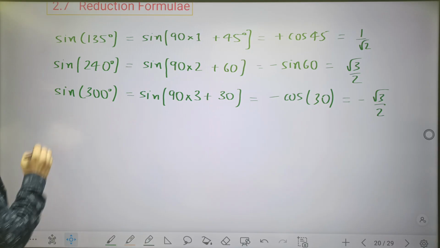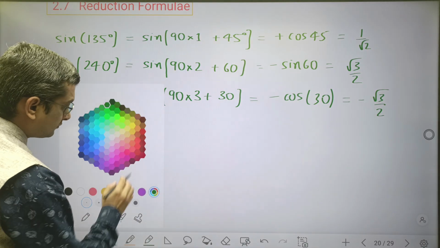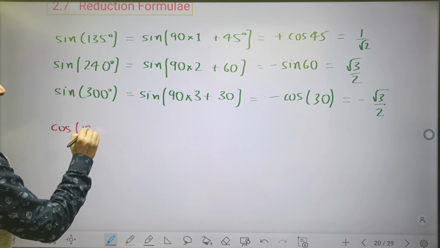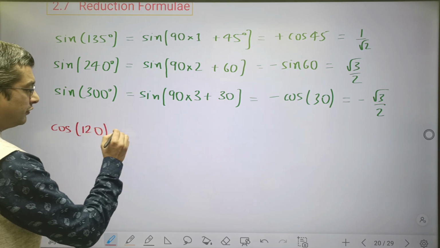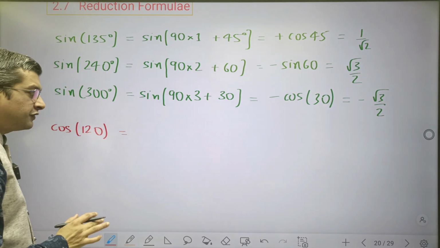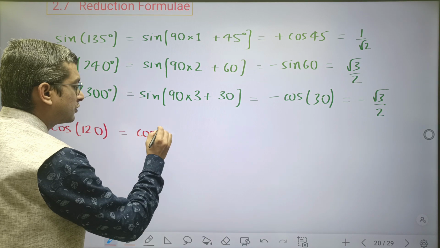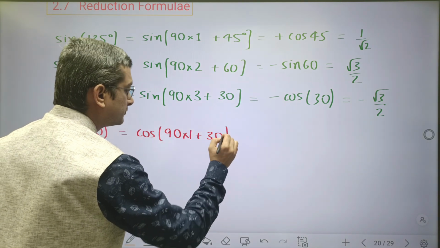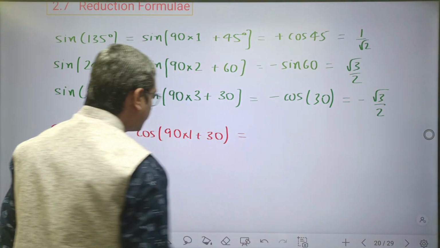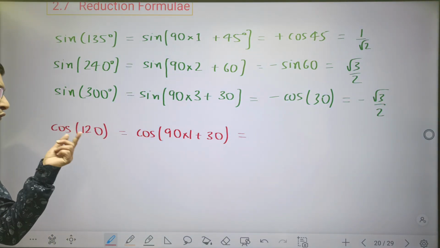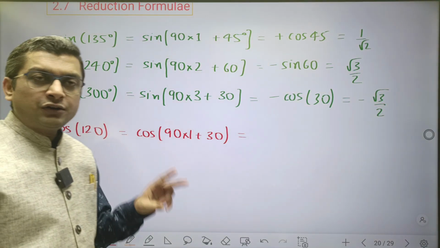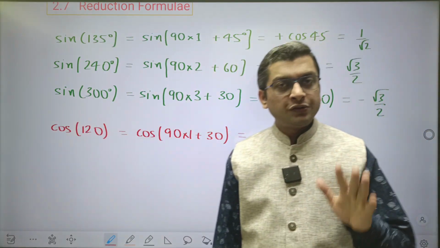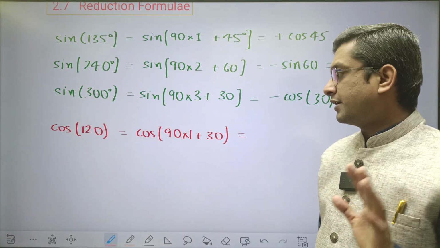Now let's have examples corresponding to cos. Suppose I write cos 120. The very first step, this can be written as cos of 90 into 1 plus 30. 120 degrees lies in the second quadrant, and in the second quadrant the sine ratio is positive and all other ratios are negative.